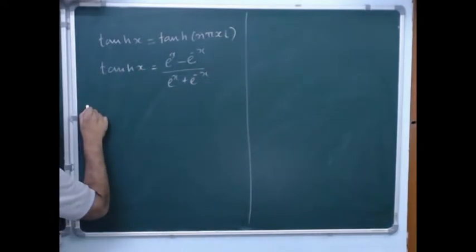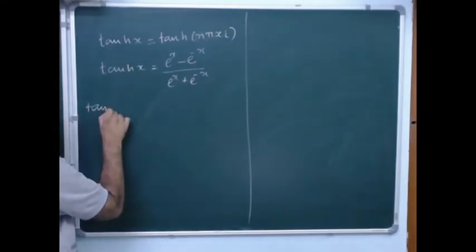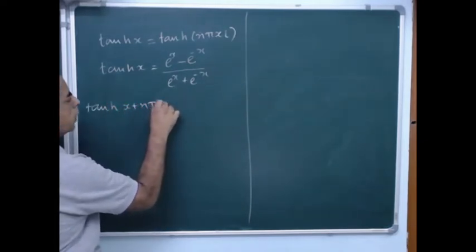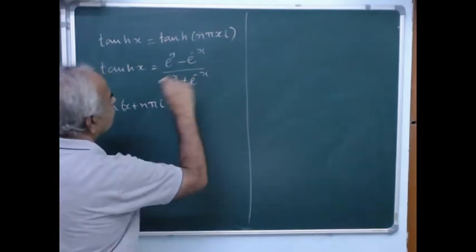Now let us consider, instead of x we will put tan h of x plus n pi i.